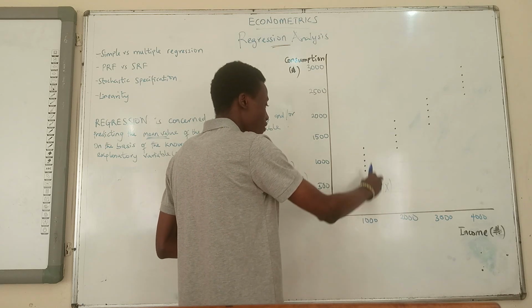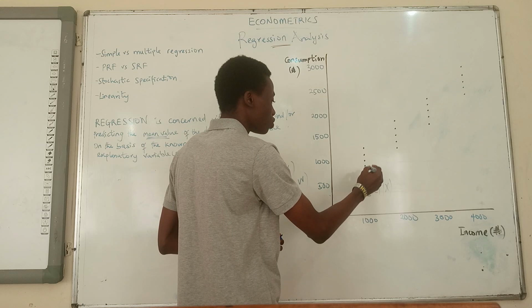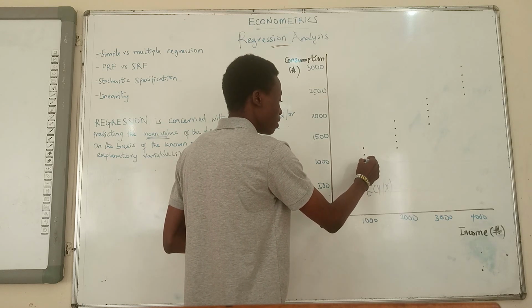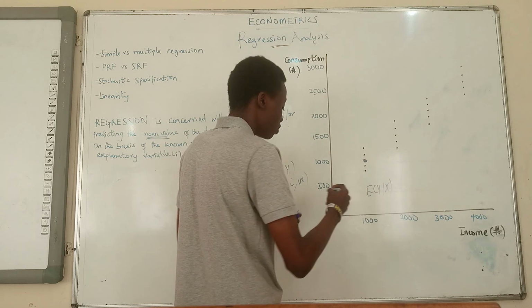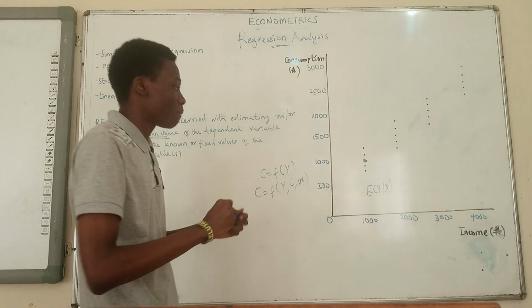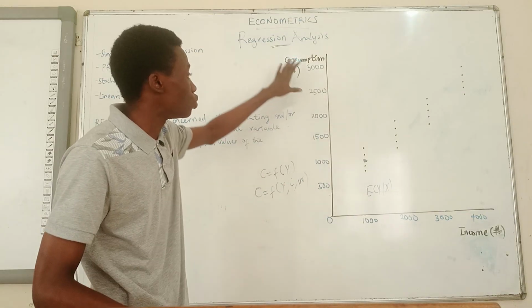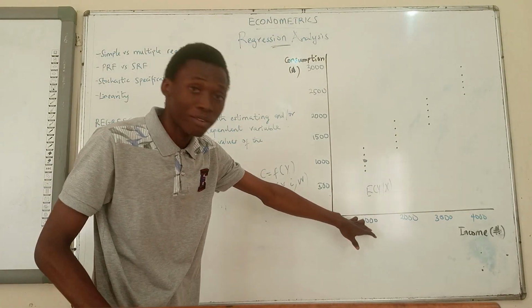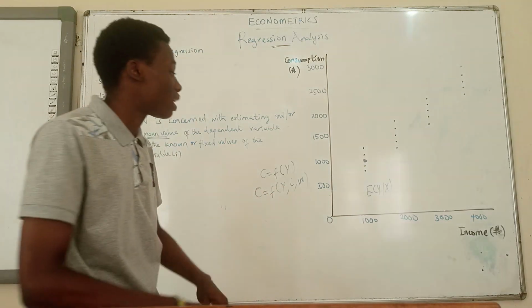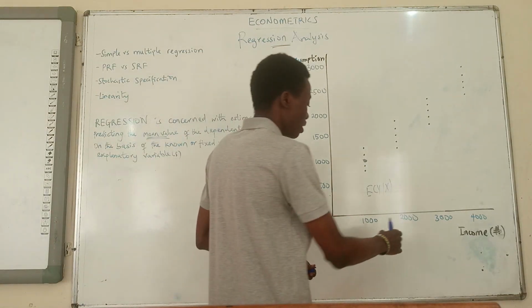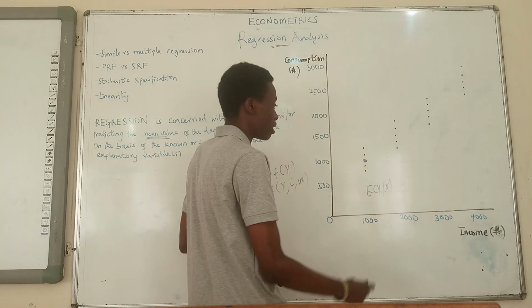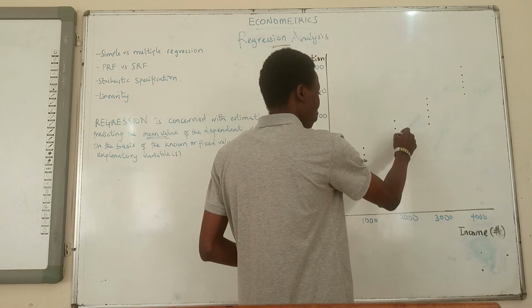So on average, the family will be consuming something around here, spending about 1,000 naira on consumption. This is the expected value of consumption for a family earning 1,000 naira. For a family earning 2,000 naira, the expected value is somewhere here on average.